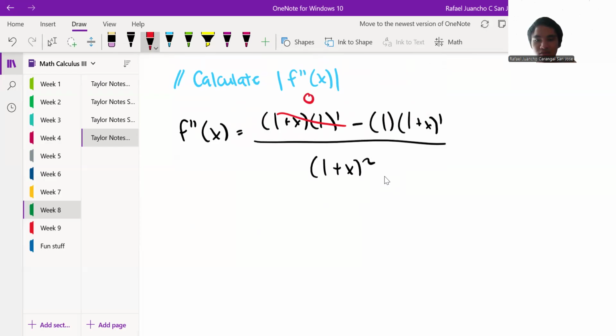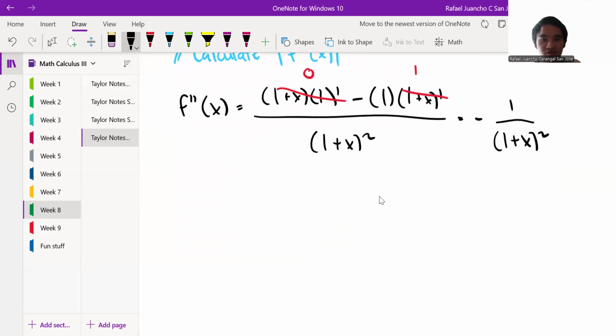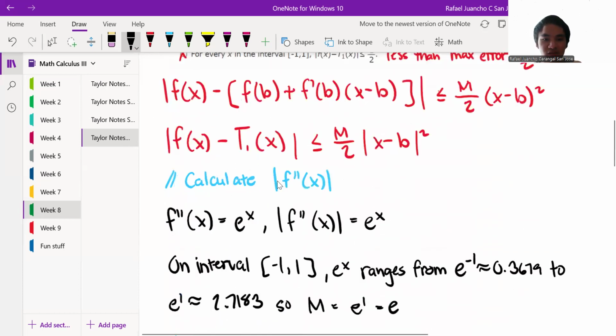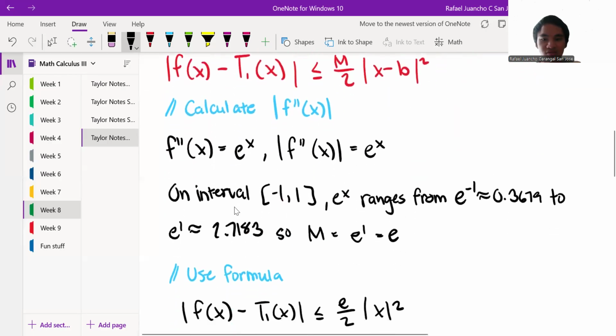Here, this one's 1. And so here we get minus. So we get that. And then we get absolute value, so that completely takes out the negative. I square this thing. And then from there, once we get that, we say it's less than, or shoot.